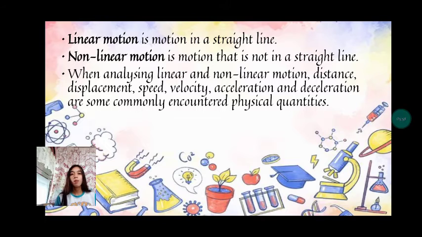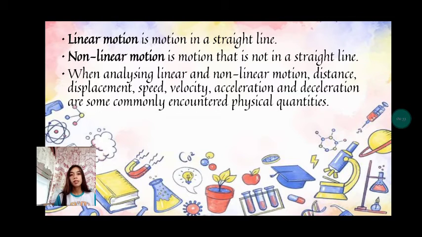We also have types of motion. There are a lot of types, but one is linear motion. So what is linear motion? Linear motion is motion in a straight line. For example, a car going straight is linear motion. The second is nonlinear motion, which is not a single straight line.